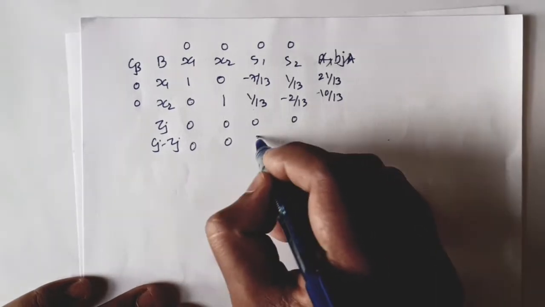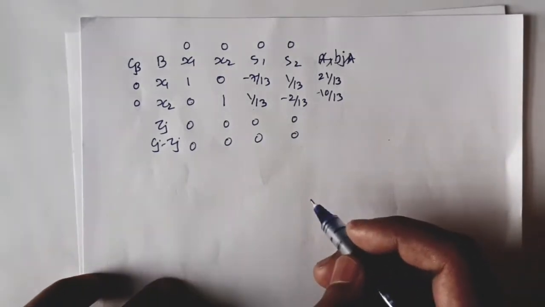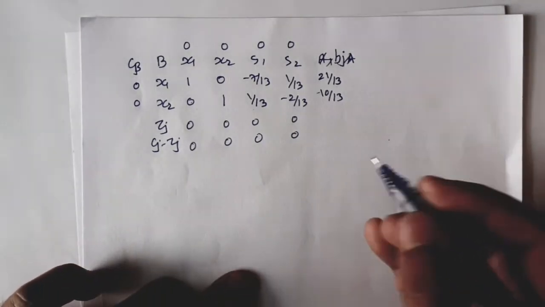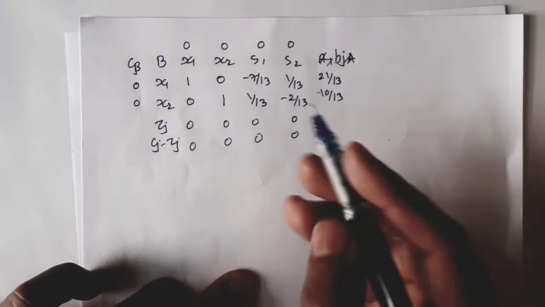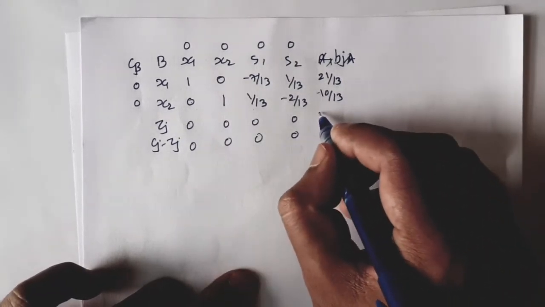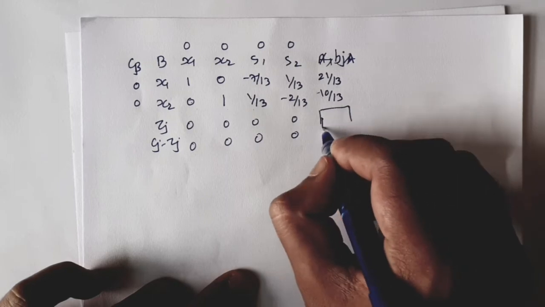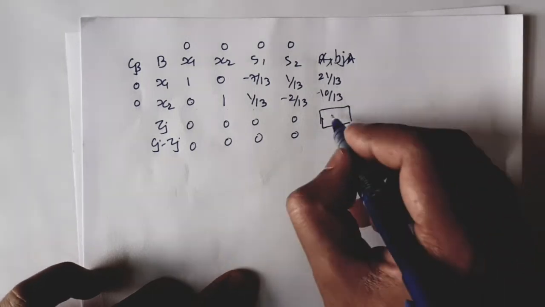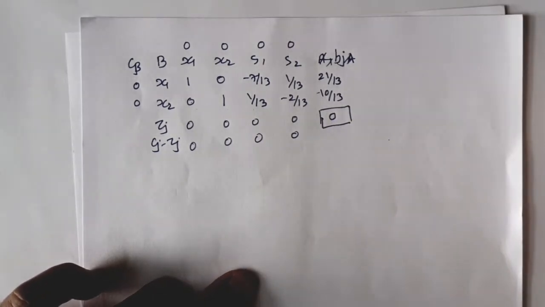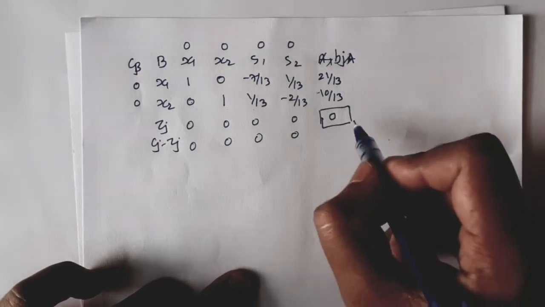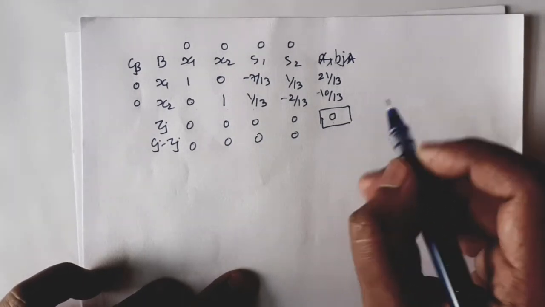So the important thing is the value of the objective function z, which is 0 here, which is larger in comparison with the previous table, which was minus 3. So here the maximization z is 0.